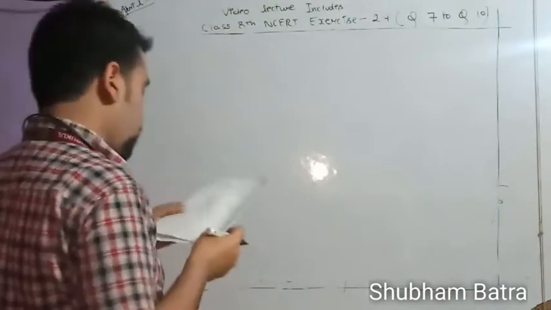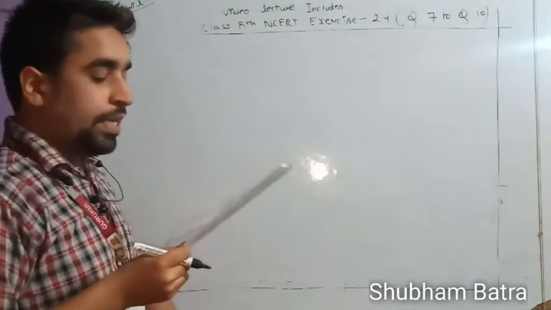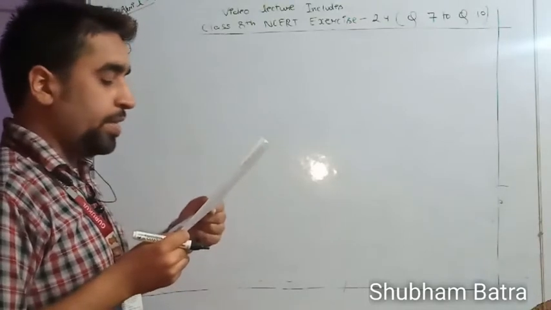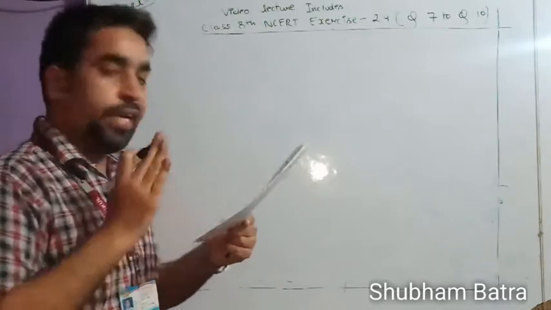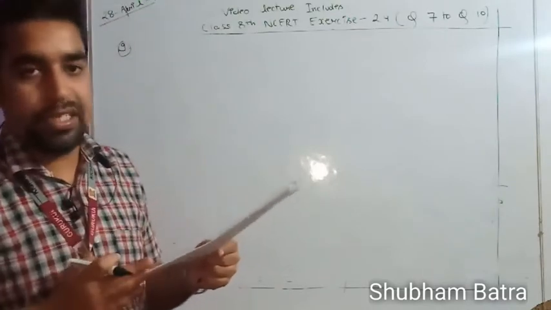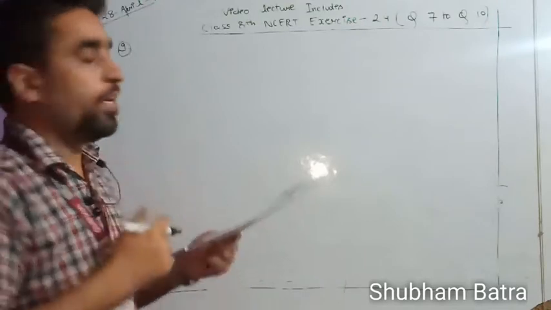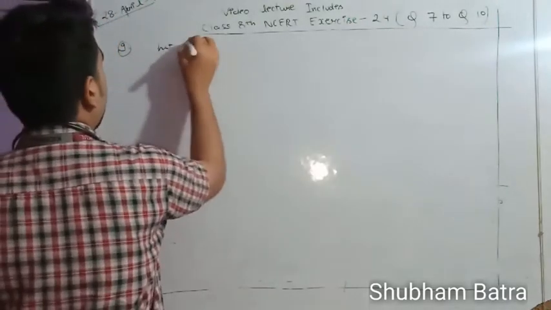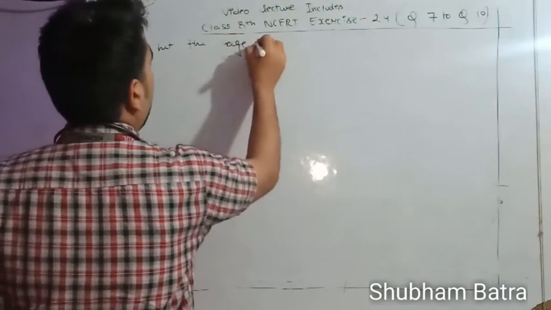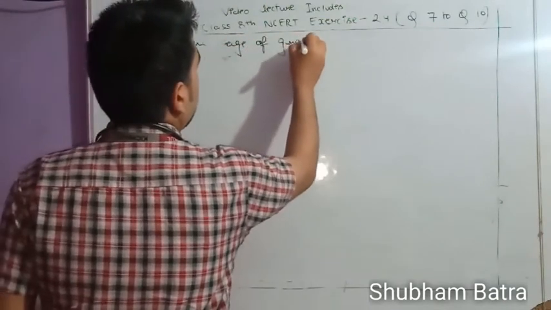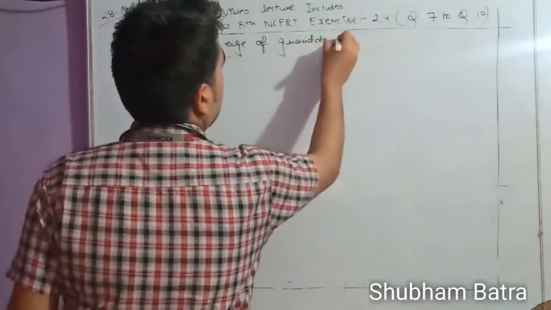Question number 9. A grandfather is 10 times older than his granddaughter. Since the grandfather's age depends on the granddaughter's age, we should consider the granddaughter's age. Let the age of the granddaughter be x.